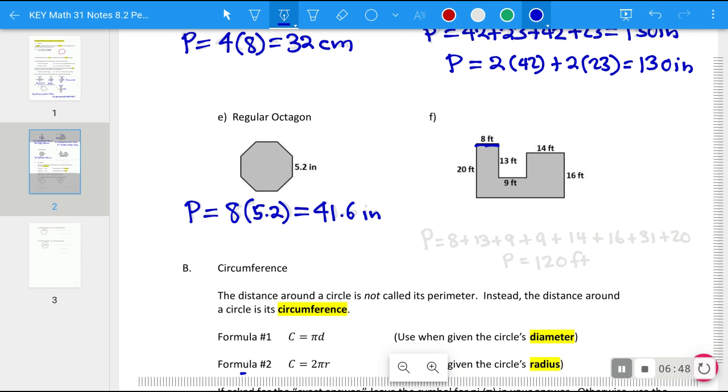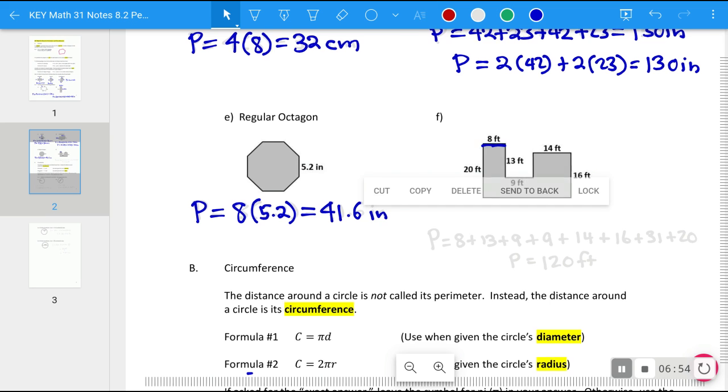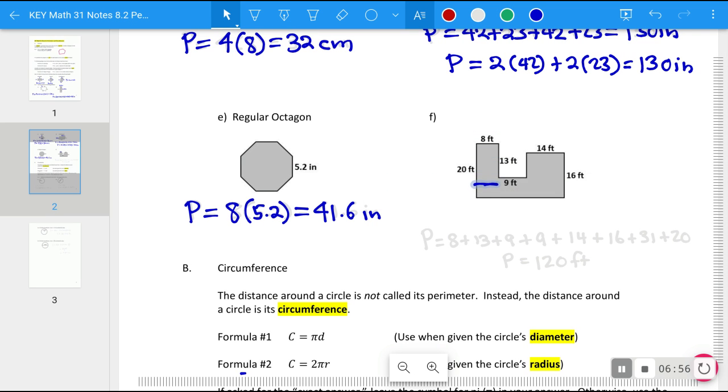I know that this is 8 feet, and it's part of, if I slide this down here, it's part of the rectangle that I'll highlight here. It's part of this rectangle, so you have to visualize that. And because it's part of that, I know that this is 8 across.